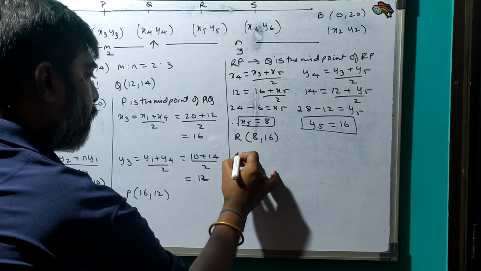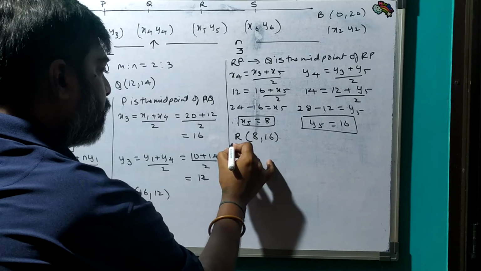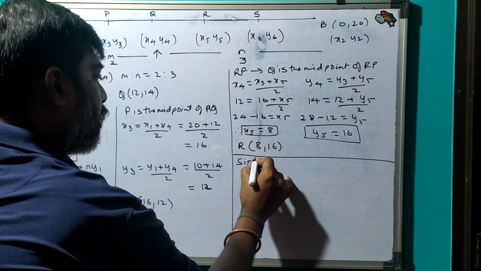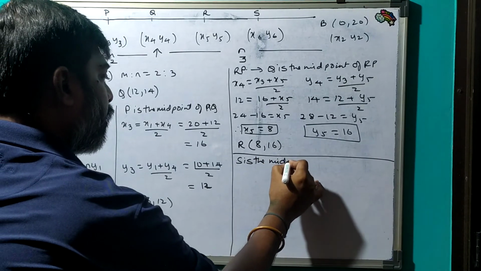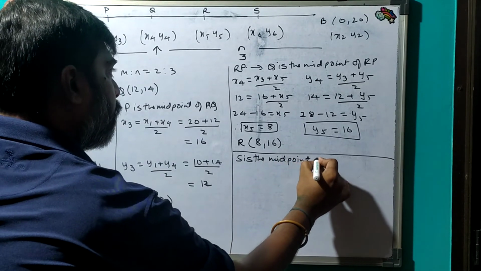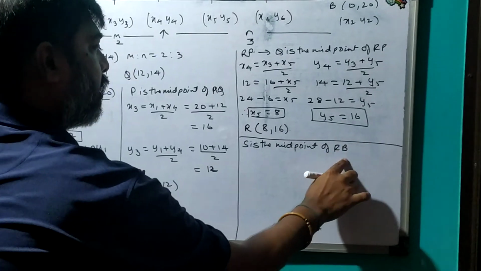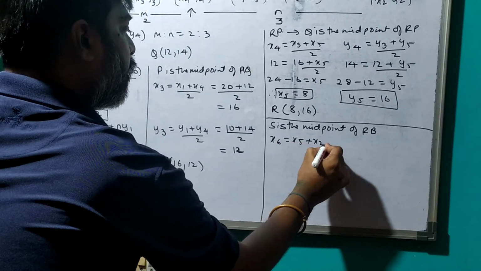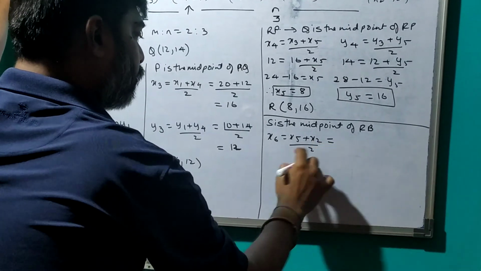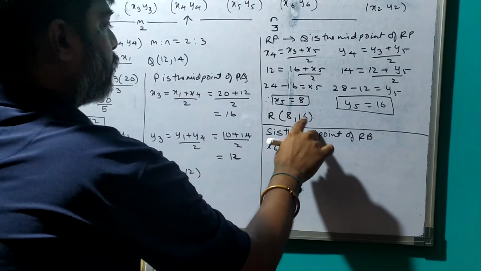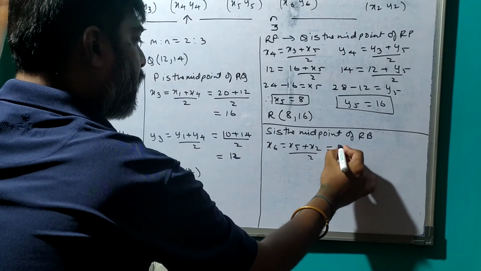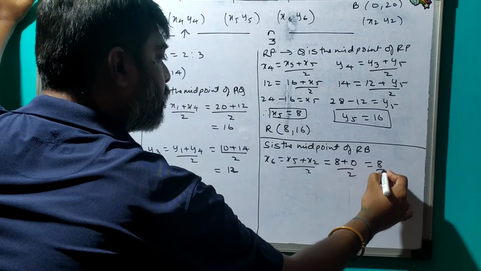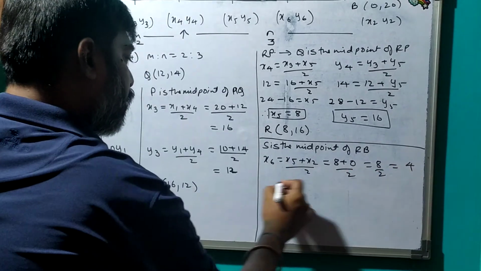And the last but not the least, S can be directly written. S is the midpoint of RB. Therefore, x6 is equal to x5 plus x2 upon 2. x5 is 8, x2 is 0, upon 2, that is 8 upon 2, that is 4.